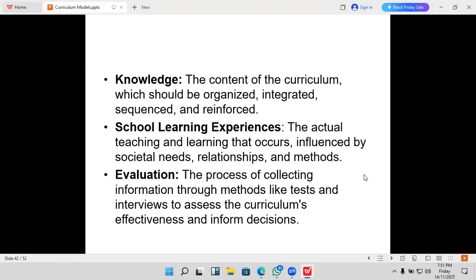There are so many models. If time permits, we can see a couple of the models, how failure and success of a curriculum can be assessed using those models. But Kerr is the person who said the effectiveness of the curriculum also should be tested and assessed.